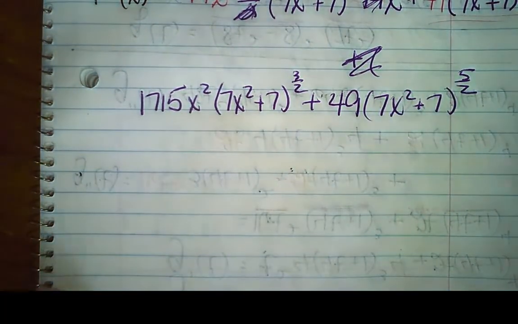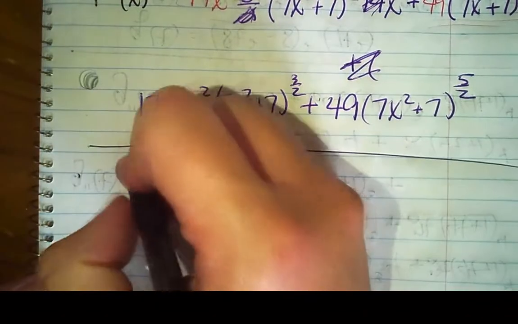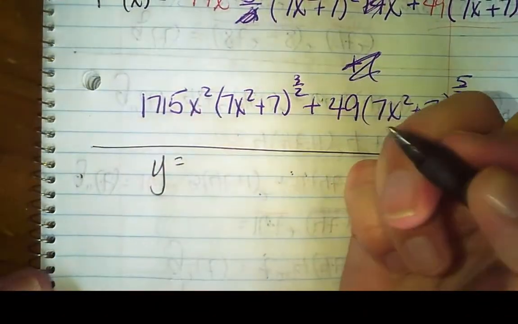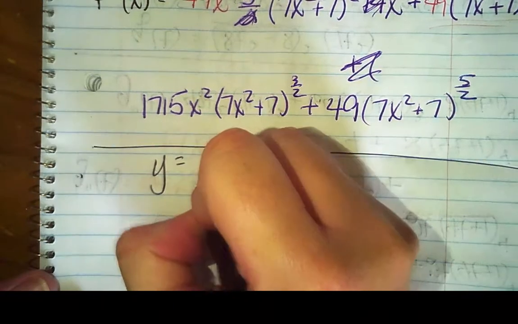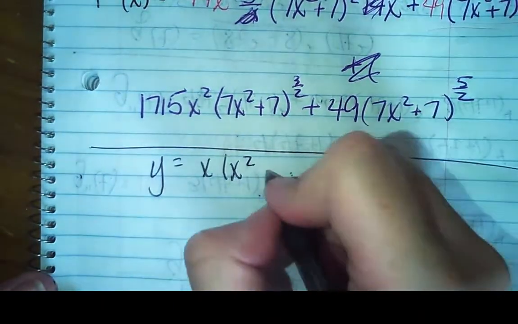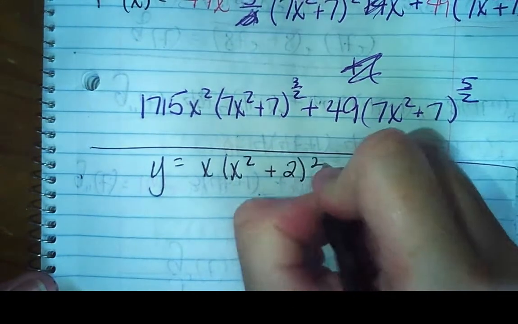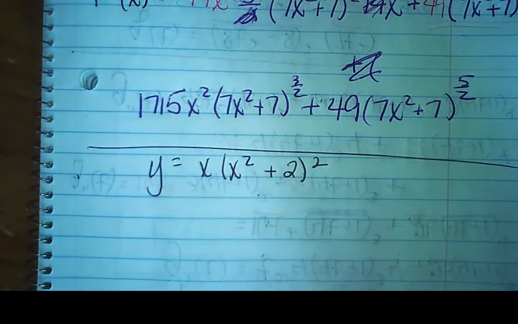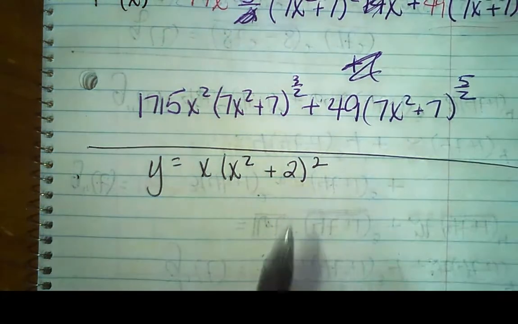All right, more practice. So I have y equals x times x squared plus 2, squared. I want to find a first derivative and a second derivative. Now, this one is not hard.